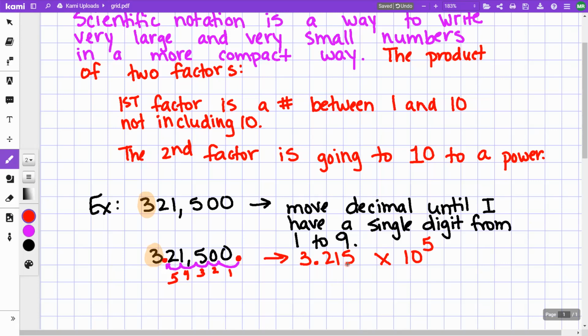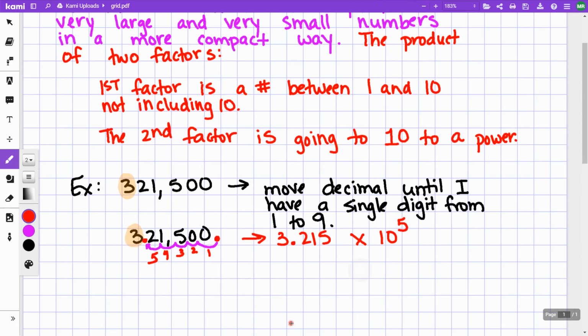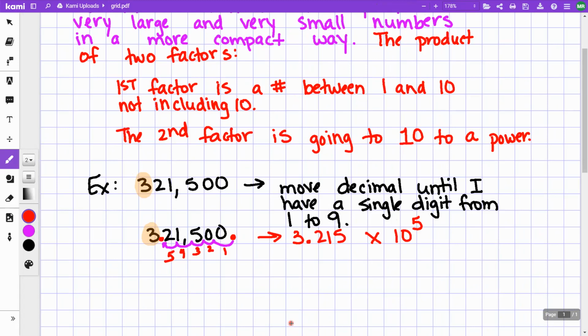That tells me how many places I moved it. So when I times by 10 to a power, I'm really moving my decimal that many places. Okay, so that number is going to be the compact form, the scientific notation form of 321,500.